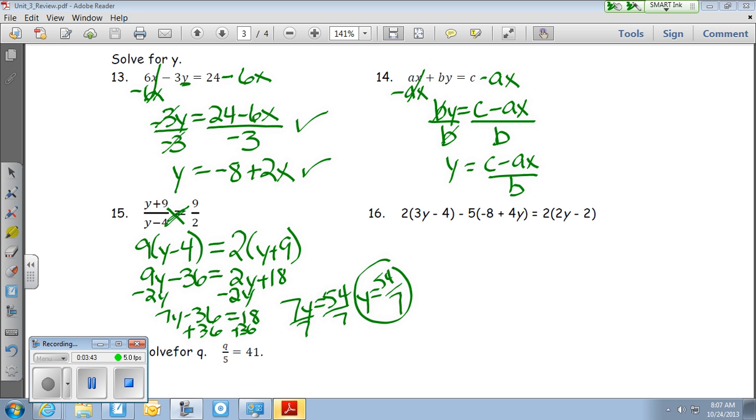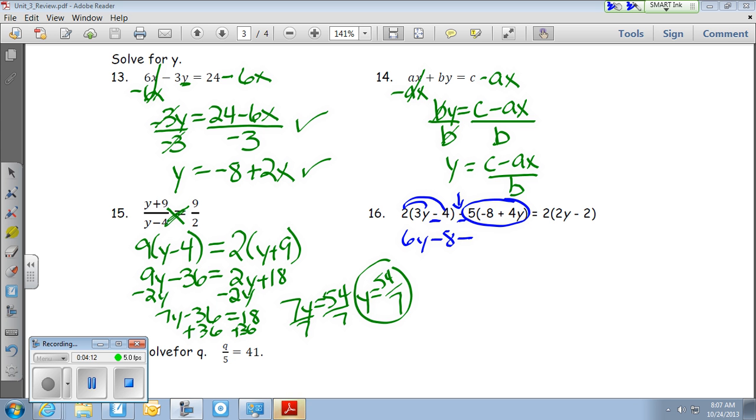All right, number 16. I'm going to do some distributing first. That's the first thing that catches my eye. So make sure you're careful of those signs. All of those signs, make sure you're really, really careful. This subtraction right here means everything right here is being subtracted. So be really careful with your signs. So 2 times 3y is 6y minus 8.